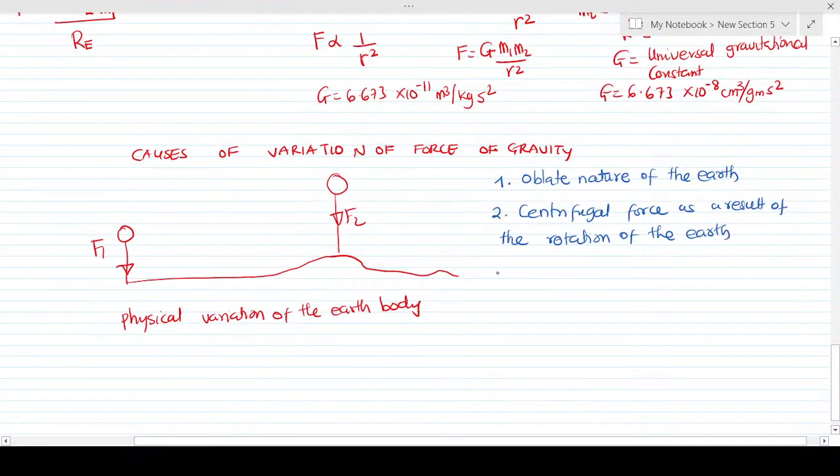The next is what we call excess mass. The next one is the changes in density of rocks within the earth crust.